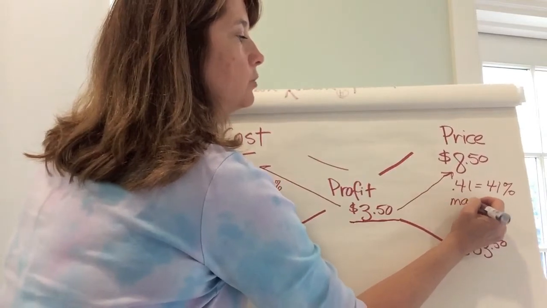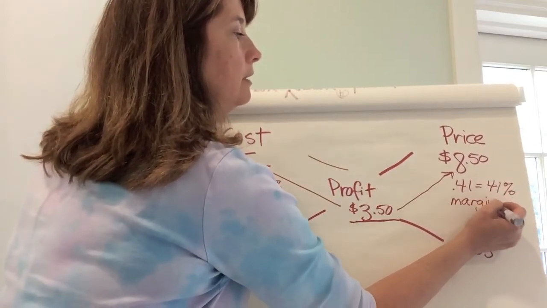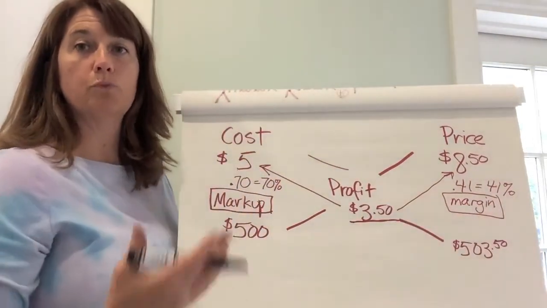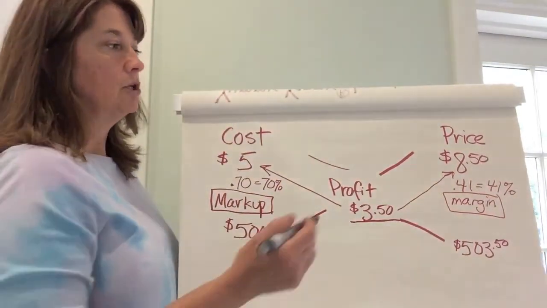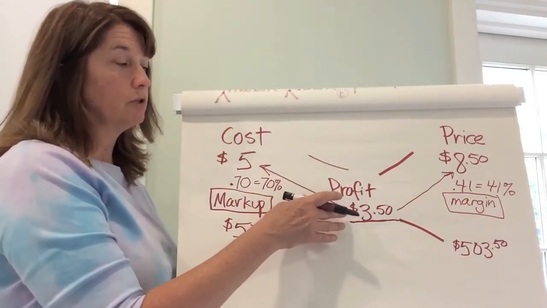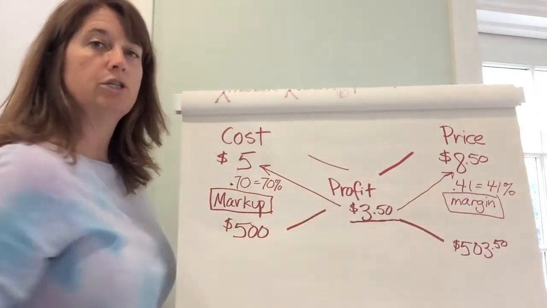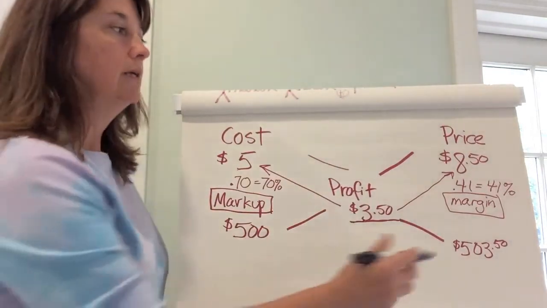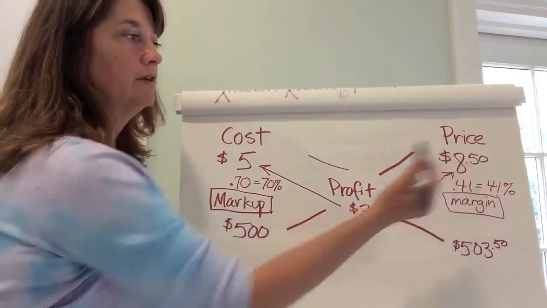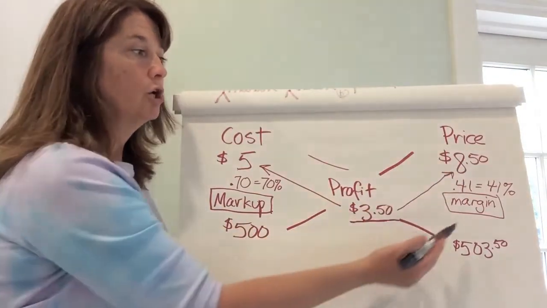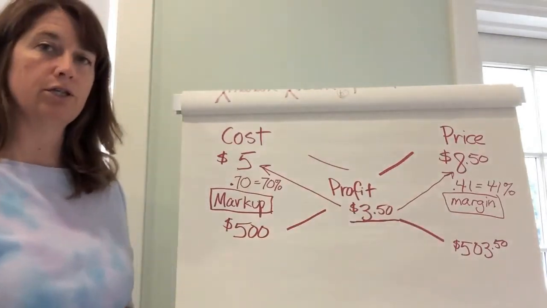That is your margin. And you might remember that because margin really means gross profit margin. Not gross profit dollars, because dollars are expressed in dollars and cents. But a margin, like a markup, is expressed as a percentage. And so going from $3.50 to $8.50 earns Judy a 41% gross profit margin.